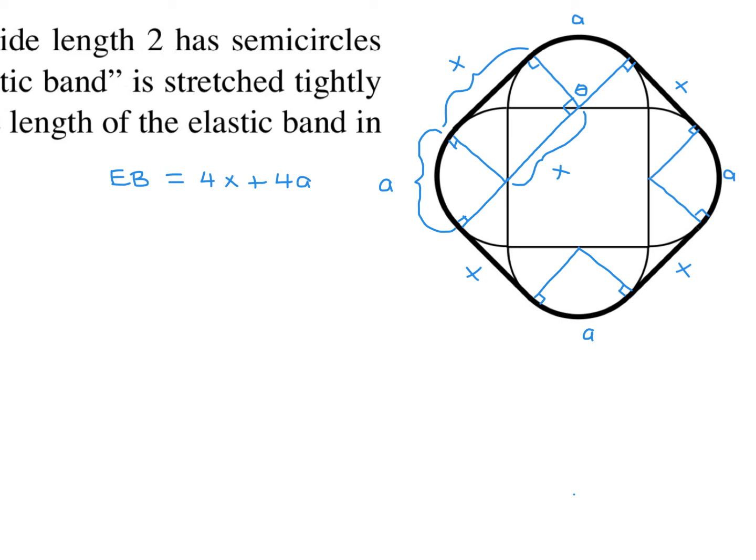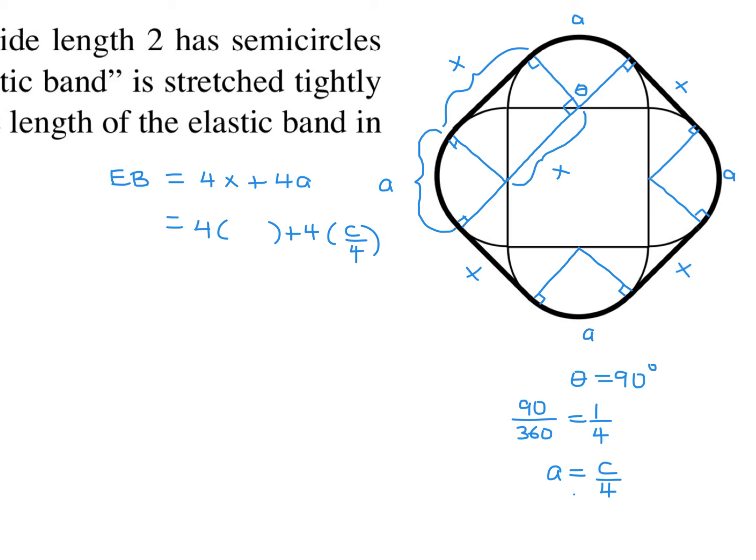So that means theta is 90 degrees. And because it's 90 degrees, a represents 90 over 360, which is a quarter of a circle. So a is basically the circumference over 4. So let's put that in there. x I don't know yet, but a is the circumference over 4.